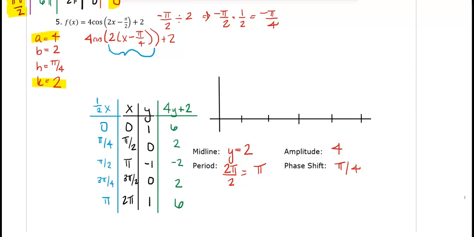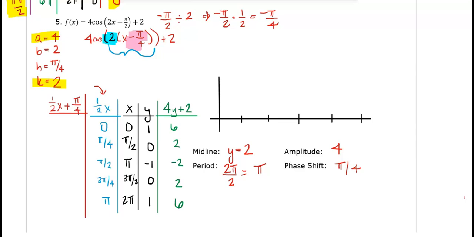Okay, so that gets me just this issue here with the 2 within, but now I need to figure out what this negative pi over 4 is going to do. Well, I have to remember that that negative pi over 4 is the opposite of, again, what I would expect. And so I'm going to add pi over 4 to this 1/2 x. So whatever I had for 1/2 of x, I'm going to add pi over 4 to it.